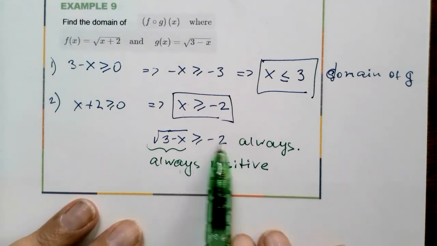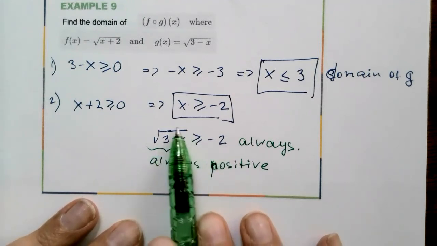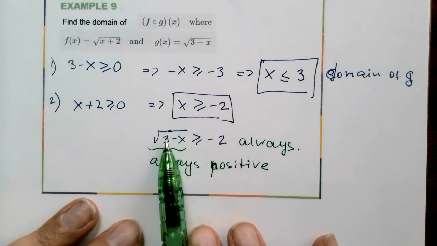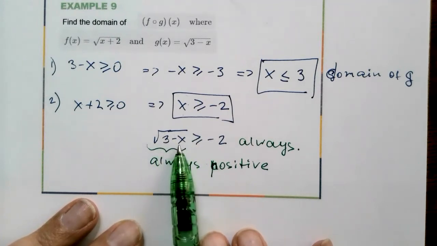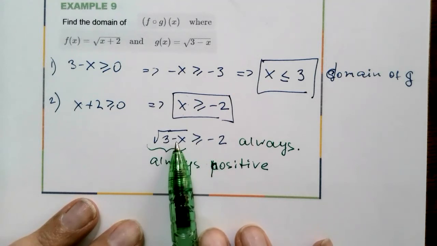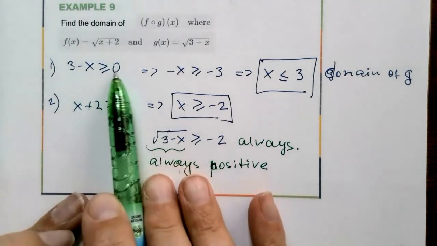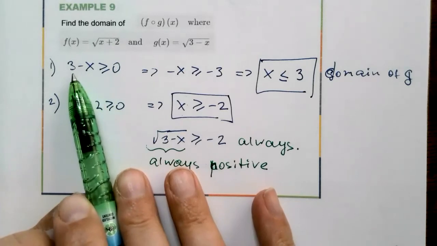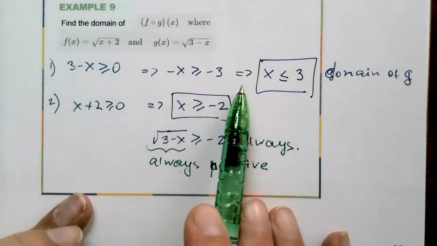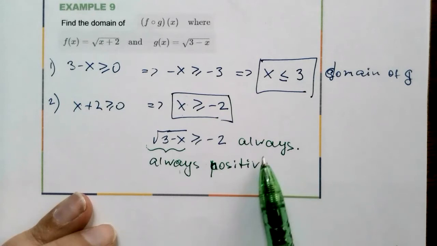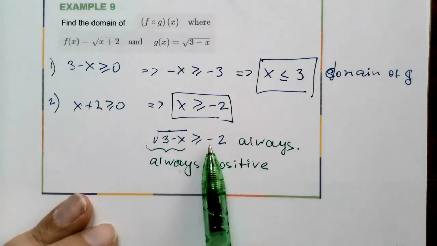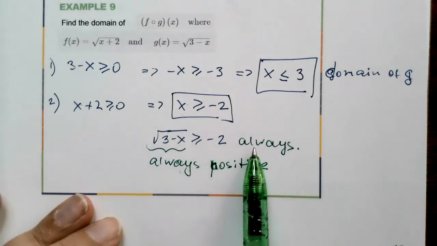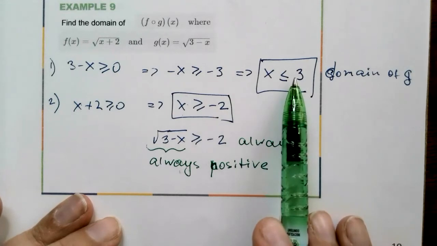So we don't have to worry about that. But notice inside here, we also expect a non-negative number, which is already taken care of by the domain of g. So f doesn't have any restrictions, but g does.